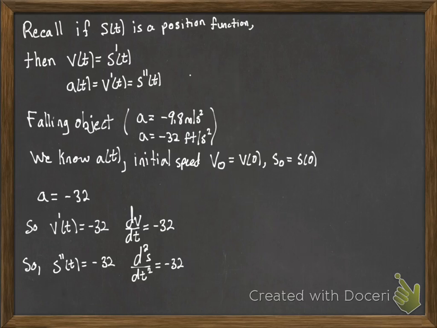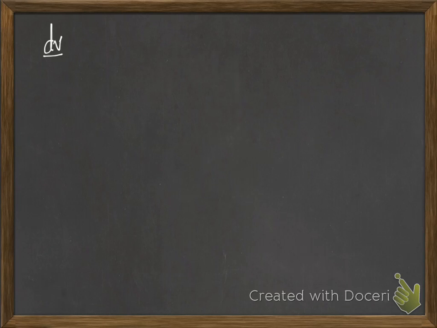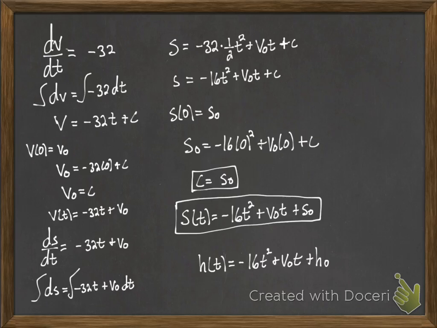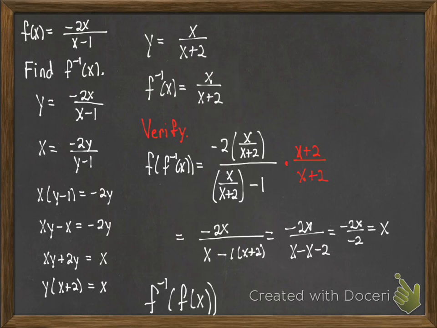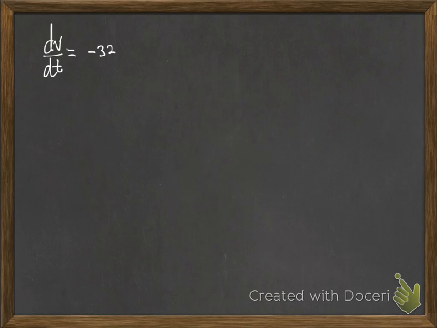Once you know velocity, then we can go back and find position, and that's what we're going to do. That's one of the drawbacks to writing this stuff out ahead of time, which I was kind of forced to this time because there was an issue the original had with the audio. So apologize for that. So our problem is dv/dt equals negative 32.